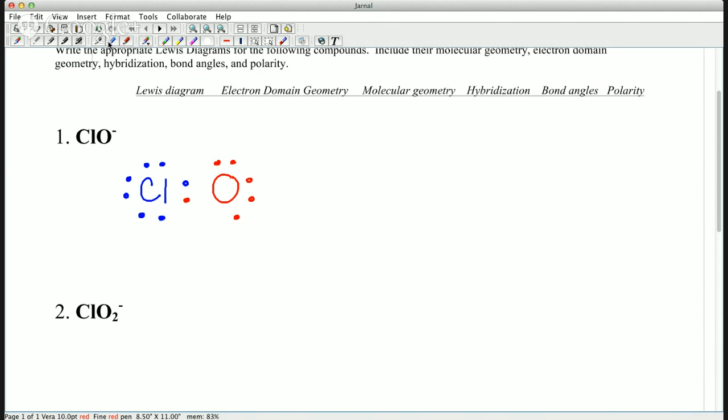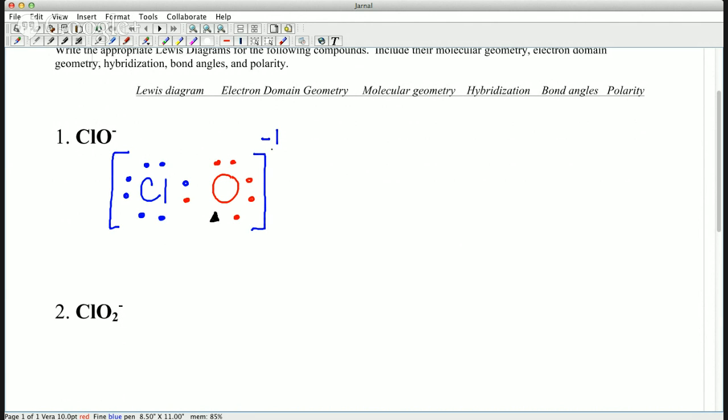So what we're going to need is another electron from the environment. So this electron came from the environment. And because we're needing an electron to make this work, then this entire structure should be put in brackets to show that the entire structure gained 1 electron.